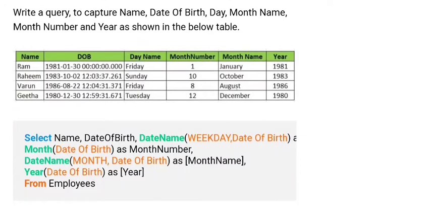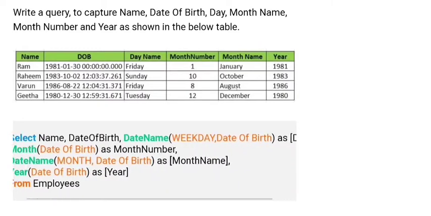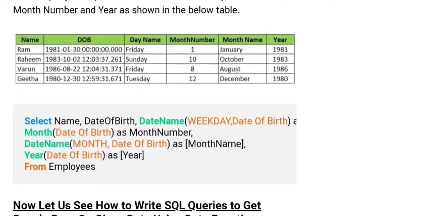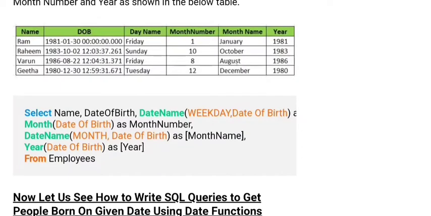Select name, date of birth, datename of weekday, date of birth as day, and month of date of birth to display the month number, datename function to return the month name, and year function to return the specific year.